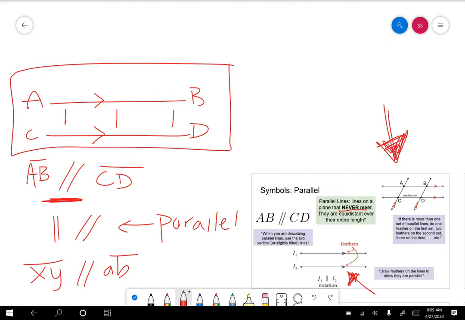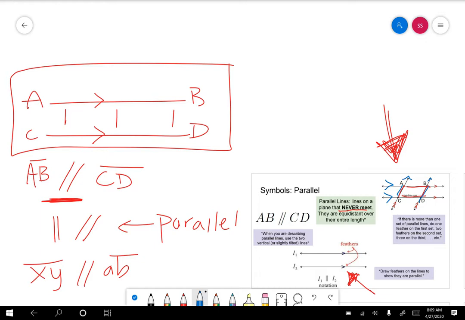But in the case that we have more than one set of parallel lines, so here we have line AB, line CD, and we also have AC and BD. In this case, because AB and CD are parallel, we do have feather markers here, but AC and BD are also parallel. And we don't want to use the same one arrowhead because that would mean that AC and BD are parallel to AB and CD, which they're not.